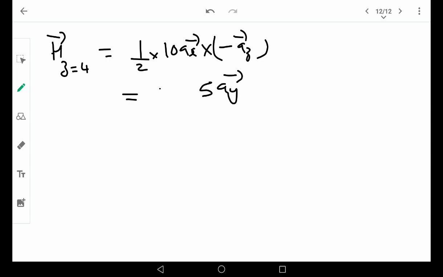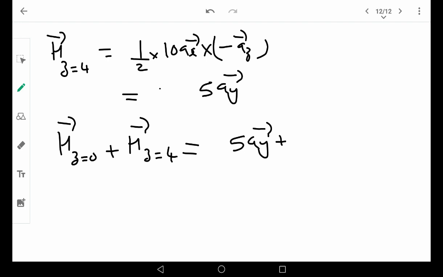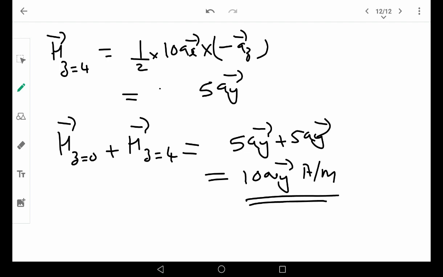So what is the total? The total H will be H due to z equal to 0 plus H due to z equal to 4, equal to 5 aY plus 5 aY equal to 10 aY amperes per meter. Okay. With this, I will conclude this particular lecture.